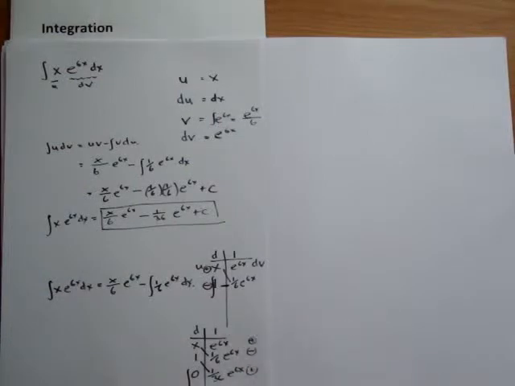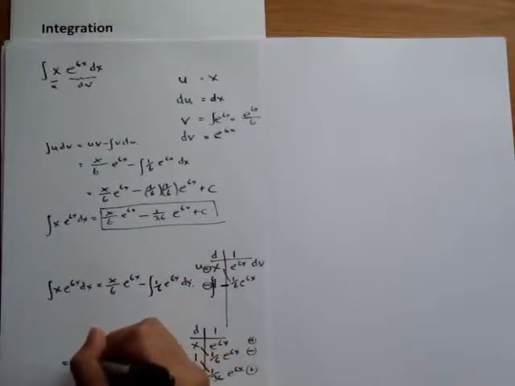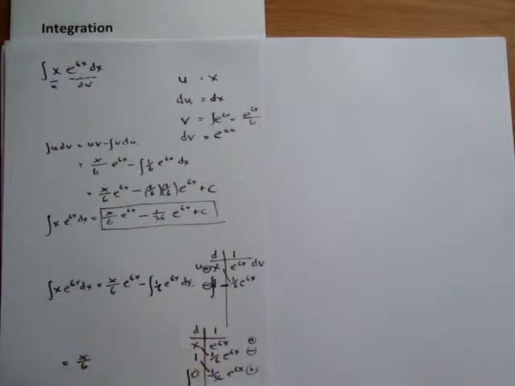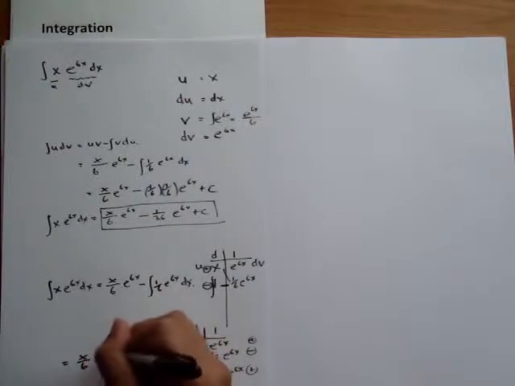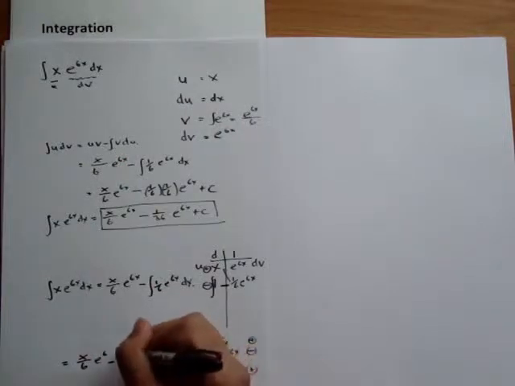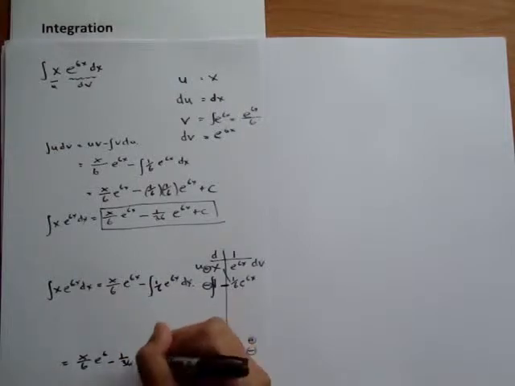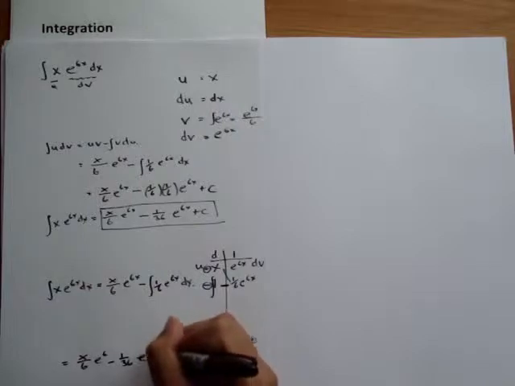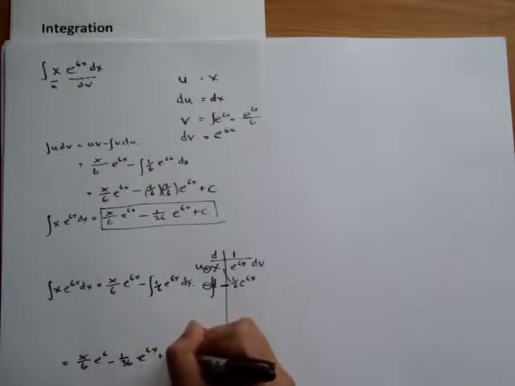Now we write our formula, which equals x over 6 e to the 6x minus 1 over 36 e to the 6x plus c.